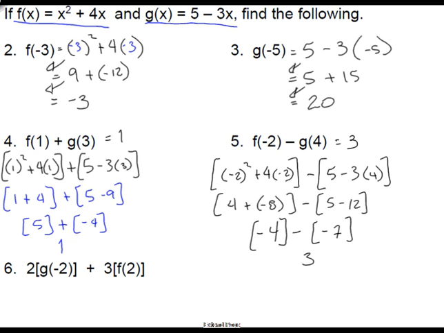For number 6, I'm going to have 2 times 5 minus 3 times -2 plus 3 times 2 squared plus 4 times 2.